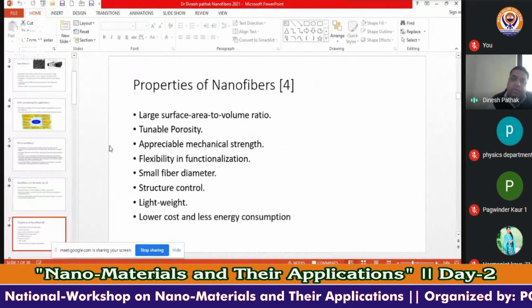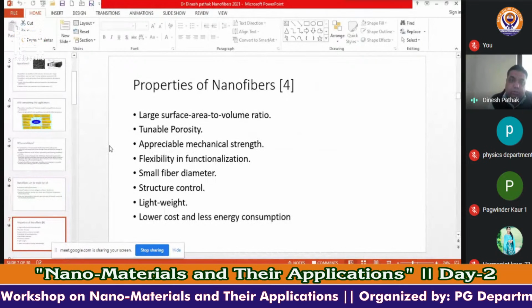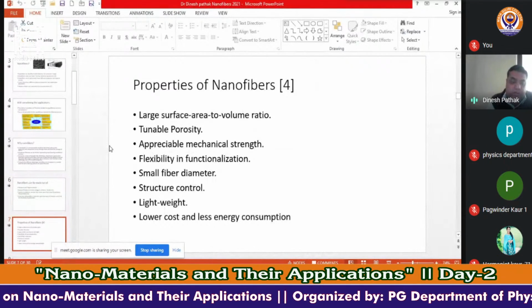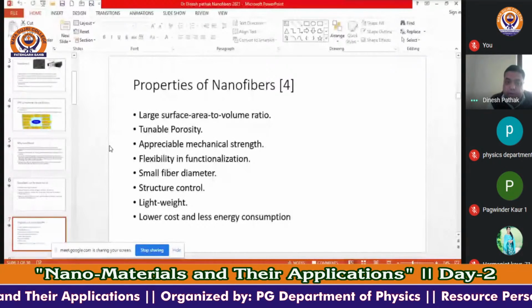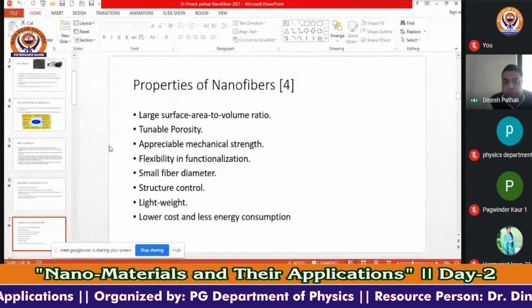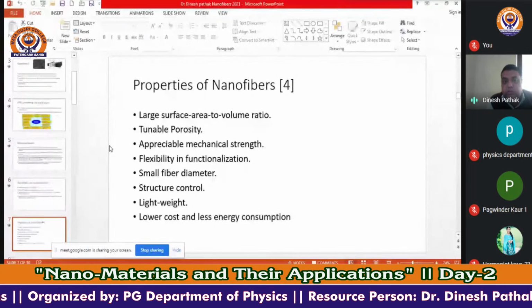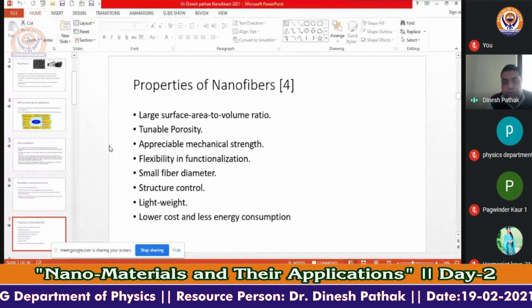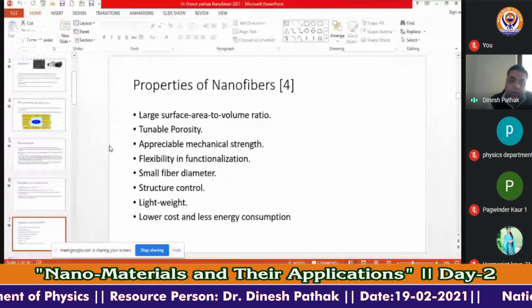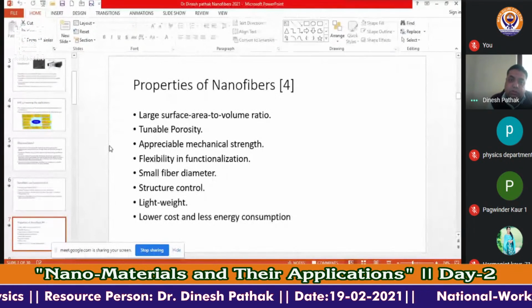They have a very high surface to volume ratio. Porosity can be tuned. This is the major thing which we need to do depending upon the application. For air filtration, air should go through the pores, but not the other elements, so we control the porosity that way. If we are going to filter water, then water should go and other things should not cross through it.